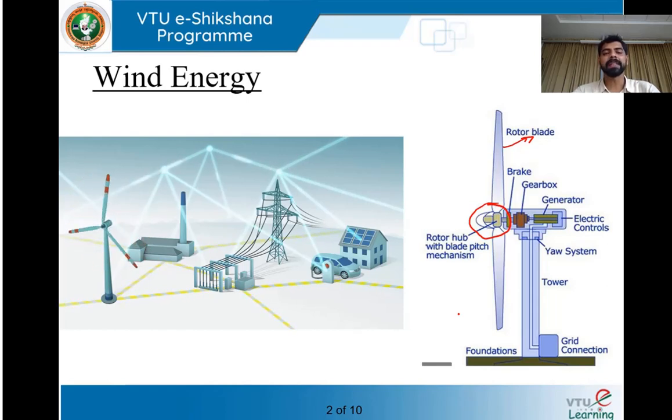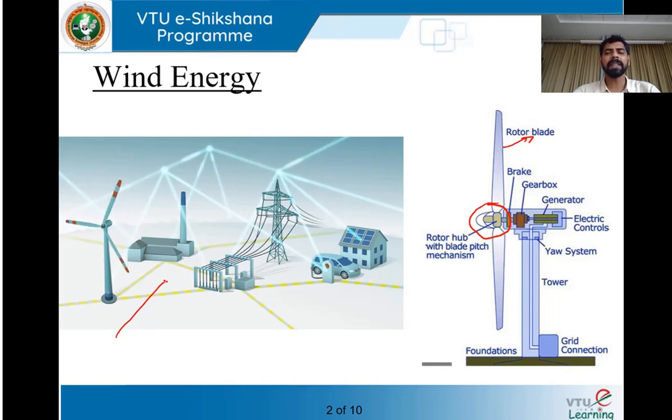When we erect this, you can see an animation here. When they erect this particular kind of windmill there, normally as we move up, the velocity of air will be high. So high velocity air, as it comes in contact with these rotor blades, the kinetic energy possessed by the air or the wind is absorbed by the rotor blades.